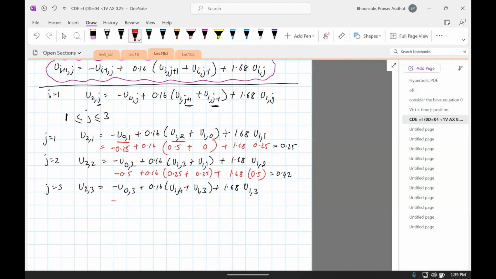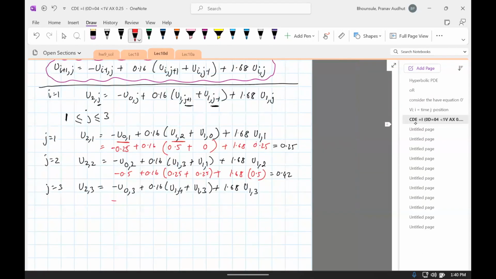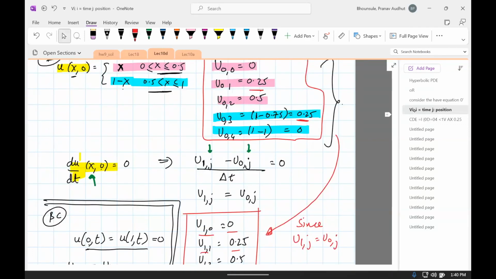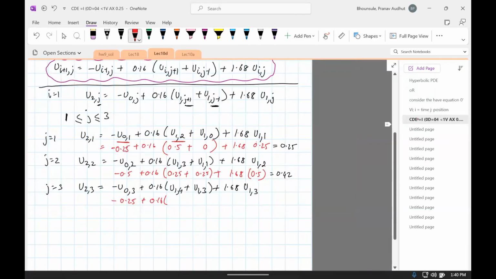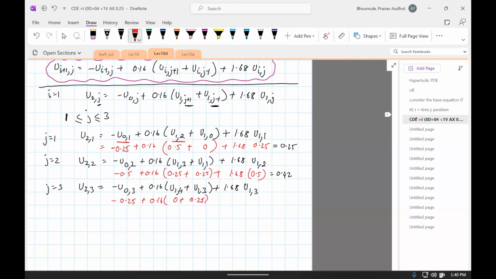Okay, so let's find what u of 0, comma 3 is. It's right here, 0.25. u of 1, comma 4 is 0. u of 1, comma 3, 0.25.